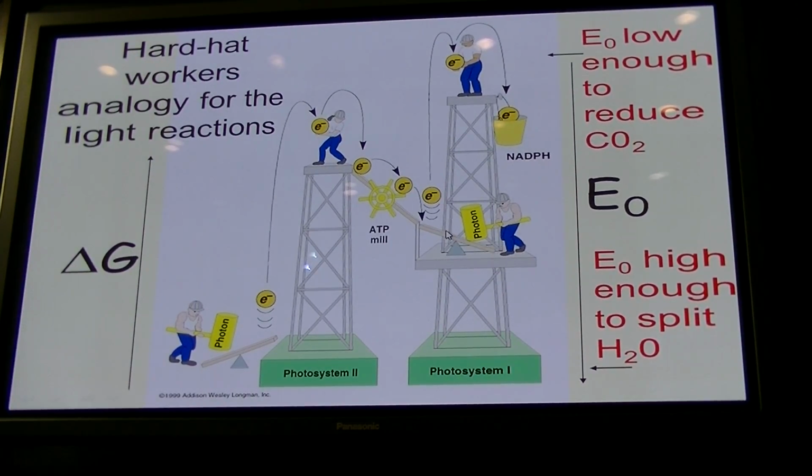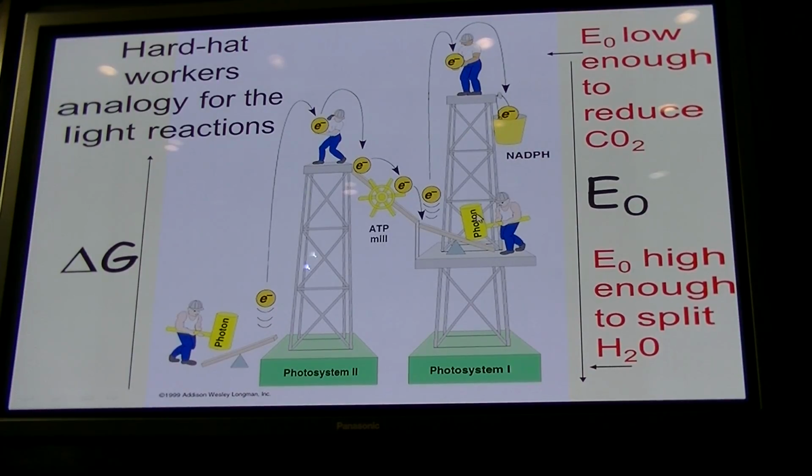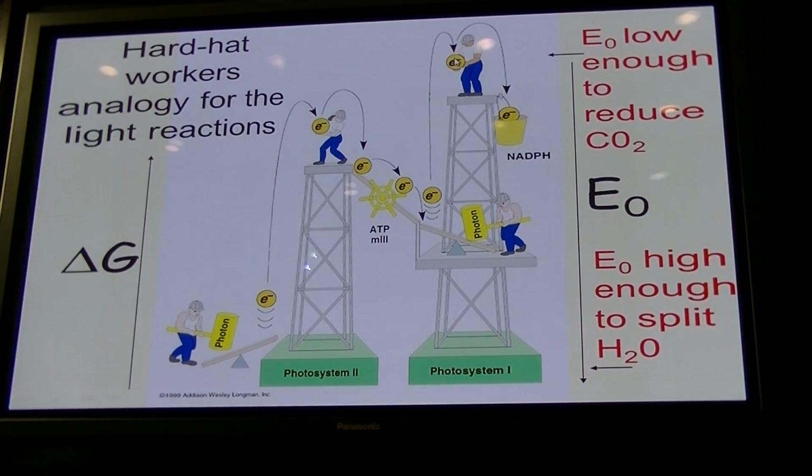Then it ends up at a second place, but not at the bottom. And at that second spot, its energy is further boosted by the light photon, particle of light. And then that electron is captured at the reducing side of photosystem 1, and it's allowed to reduce NADP plus to NADPH.